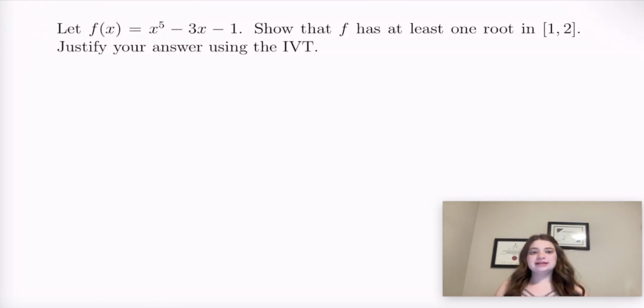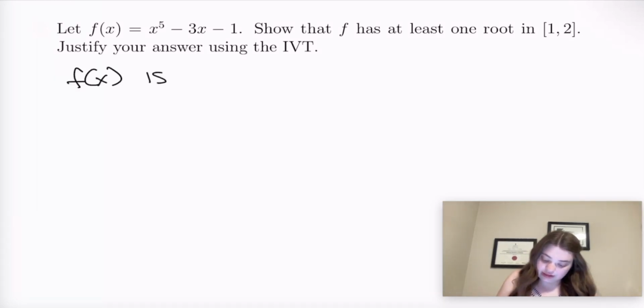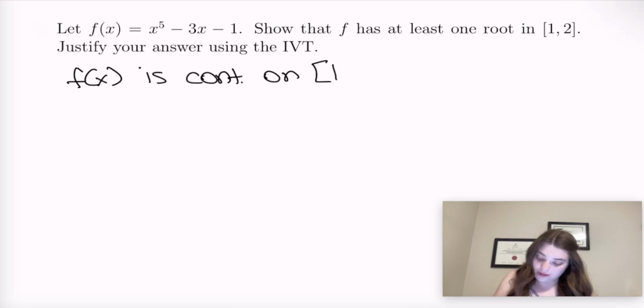All right, so the next one says, let f of x equal x to the power 5 minus 3x minus 1. Show that f has at least one root in 1 comma 2, and justify your answer using intermediate value theorem. So first things first, we know that f of x is continuous on 1 comma 2.